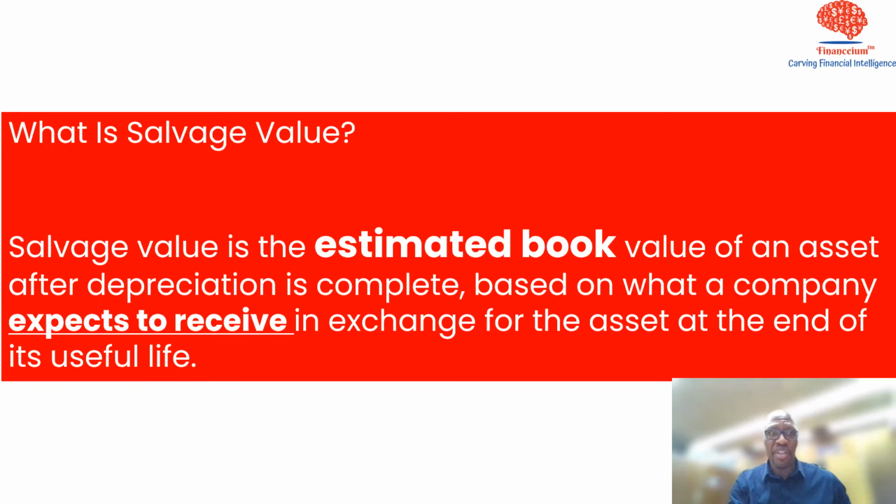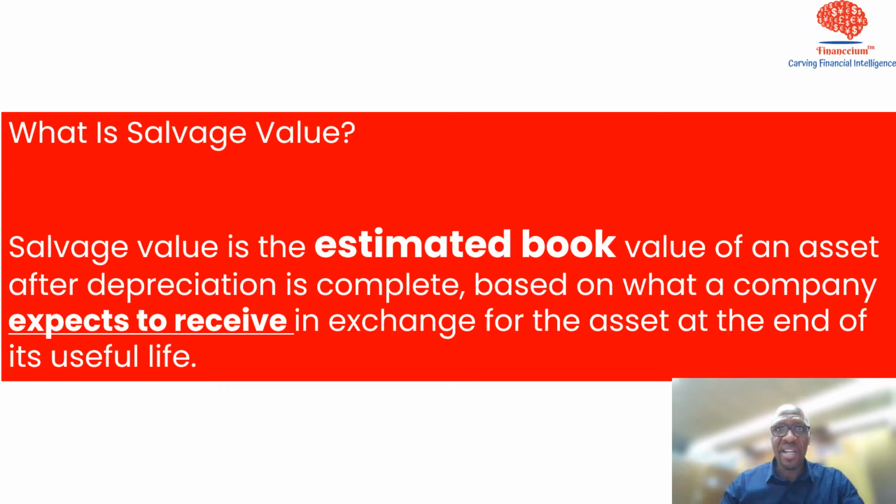Let's say, for example, you've got a vehicle that you bought at $1 million, and its salvage value might be around $50,000 because it has been depreciated over a period of 5 or 6 years, depending on what the depreciation model is. As you can see, the key word is the useful life. Usually a vehicle will be around 5 or 6 years, and once that has been fully depreciated, what you can get if you sell it is the salvage value.